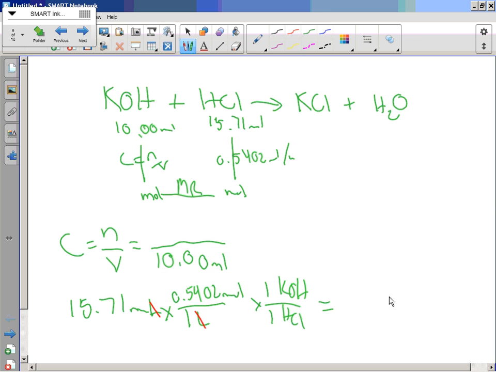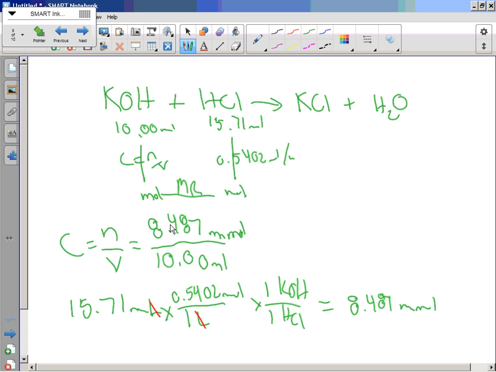How many millimole? Yep. 8.49. And I actually can keep one more digit on this one because I have 4 in my concentration. 87. Oops, 87. And that is millimole. 8.487 millimole.